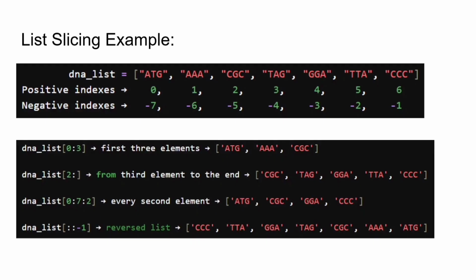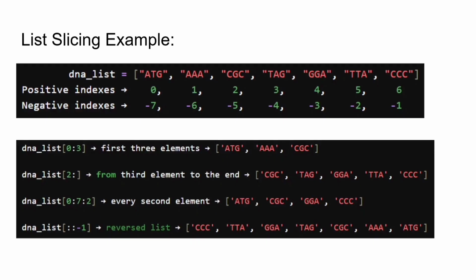If I want the first three elements, I write DNA underscore list and inside square brackets I put 0 colon 3. This will include 0 but will exclude 3, and therefore it will give us elements at indexes 0, 1, and 2, and the output will be ATG, AAA, CGC.